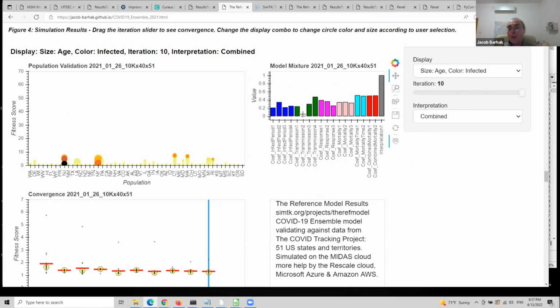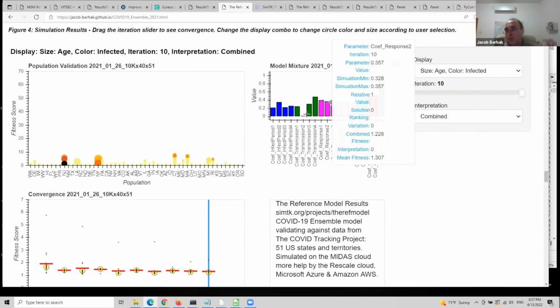I found out that the 0.6% transmission wasn't very good. You see this model that dropped and disappeared? This is 10% transmission. If this model is eliminated by the system, it tells me it doesn't match the data. So this is probably an overshoot, but the other models cooperate.